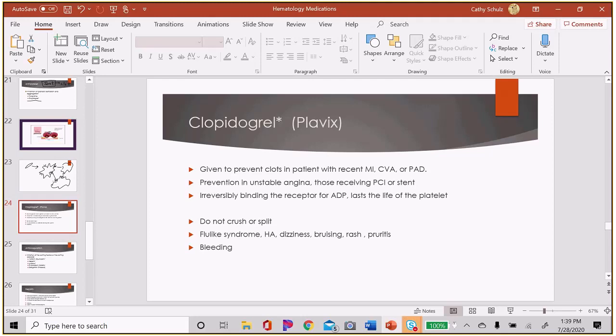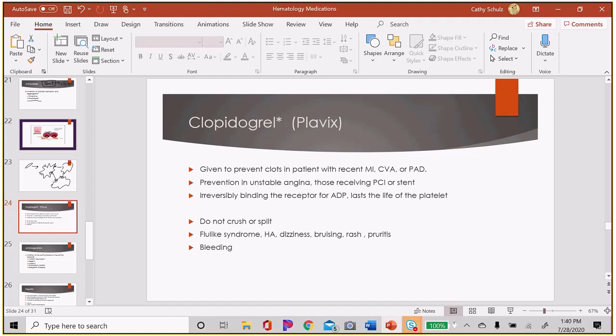The same is true with Plavix, although depending on their risk, the cardiologist or whoever put them on it might say, oh, I'll give you some platelets that are working, so you can only hold it for 3 or 4 days. But for our exam, we want it to be held for 7 days.